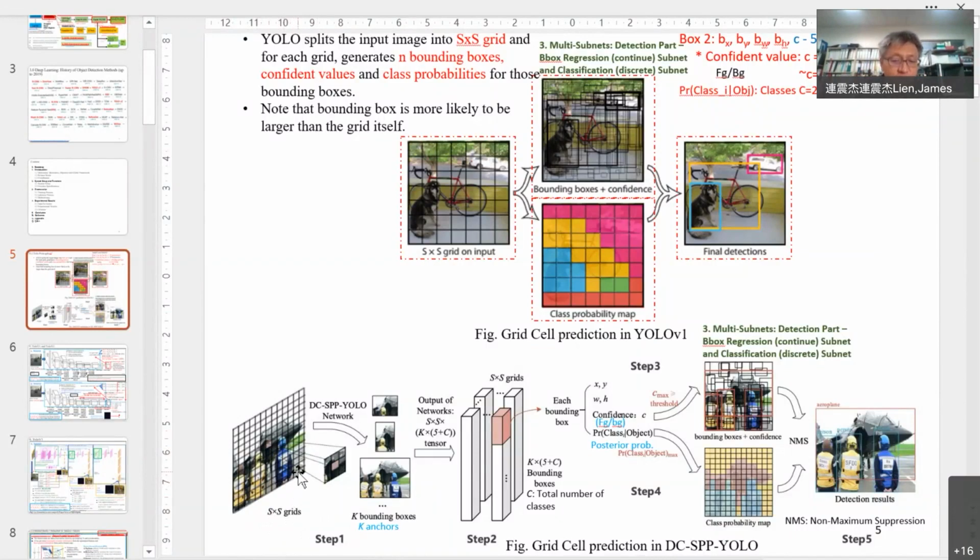And for each grid, suppose 3 ratios, but this is just an example. So they have 3 by 3, 9 anchors here. The region proposal network has 3 by 3, 9 anchors. You can suppose this uses 9 anchors or 3 anchors, it's fine.